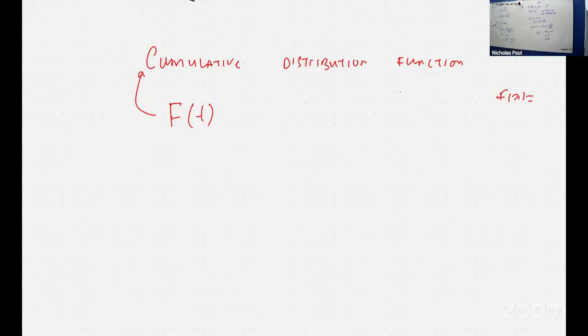F of t represents the probability that x is less than or equal to t. How are you getting that? You're integrating between t and whatever the lowest value is, which, let's assume for now, is generally negative infinity. So that's the way you find F of t.